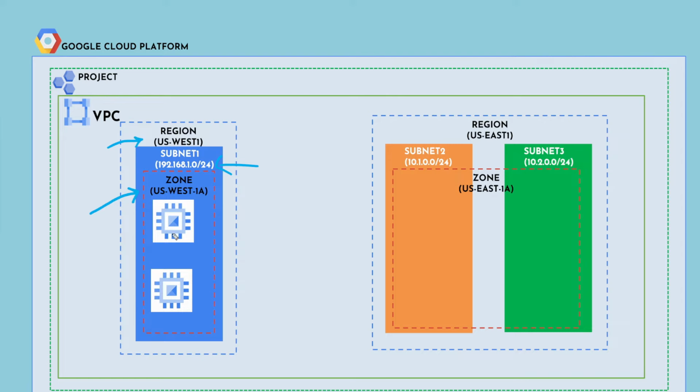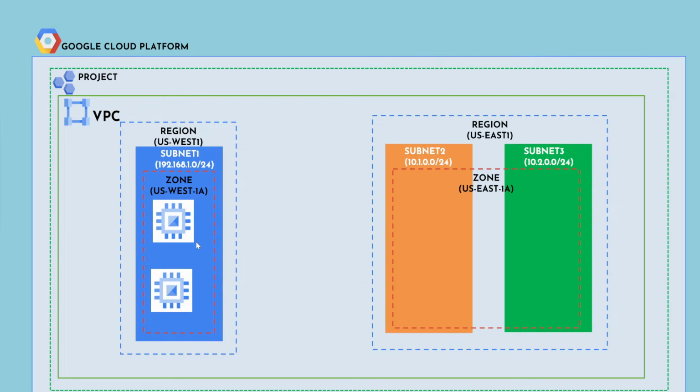So these two instances will have the IP in this range. Let's say it could be 192.168.1.5 for this instance, and for this instance it could be 192.168.1.12. So this is how the IP will be selected for these two.